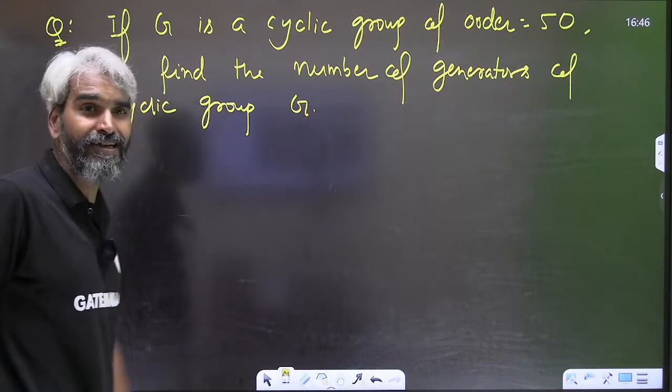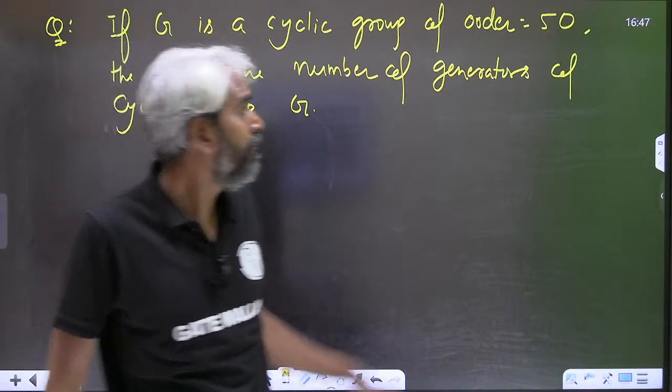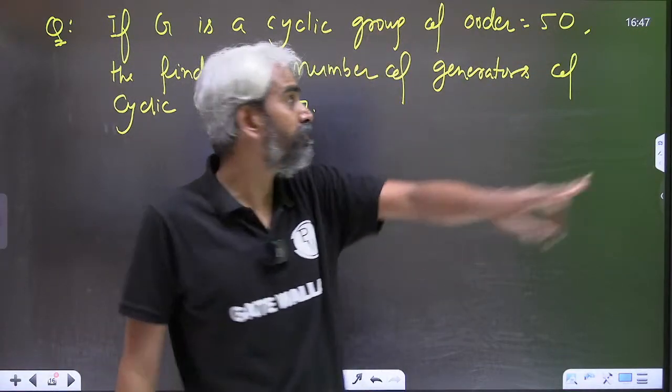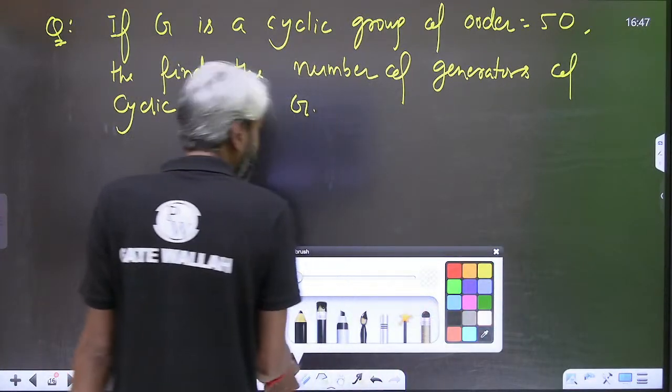First of all, you can explicitly go and check how many positive integers there are which are less than 50 and co-prime to 50. If you start writing them, then also you will get your answer.